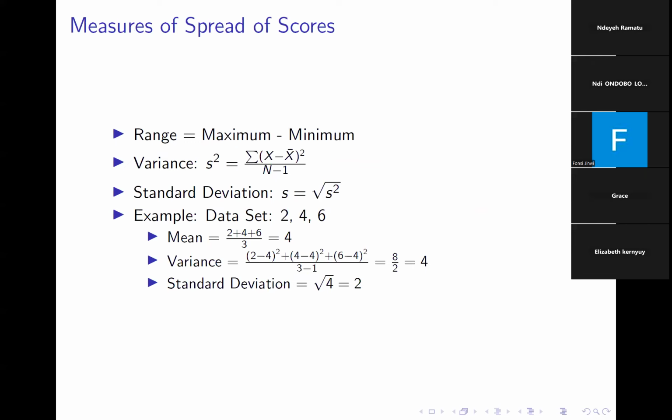Then beside this, we also said two ways of looking at data, at least on the level of summarizing, was to think of it as a spread or as a single summary.